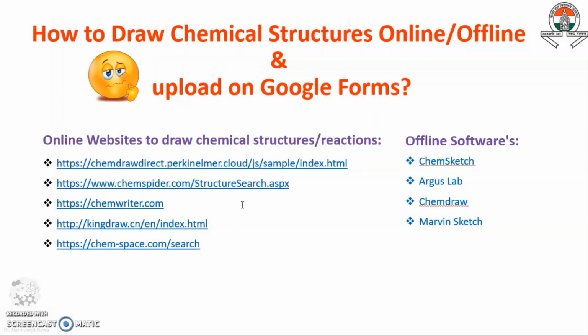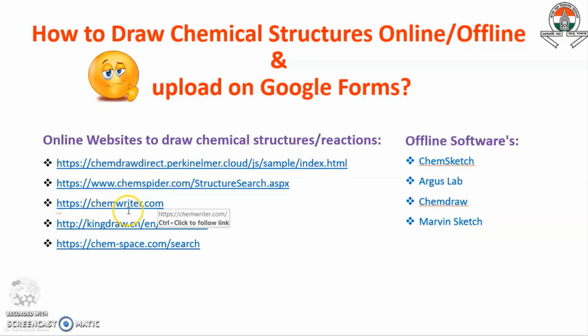So I would prefer to use ChemDraw Direct Perkin-Elmer software online because there are so many inbuilt structures in this which you can import or copy as it is, or you can start it from scratch using either this website, or you can use chemspider.com.